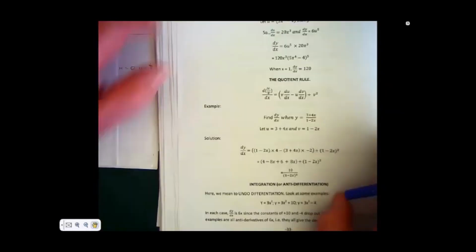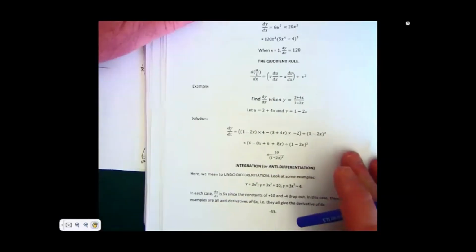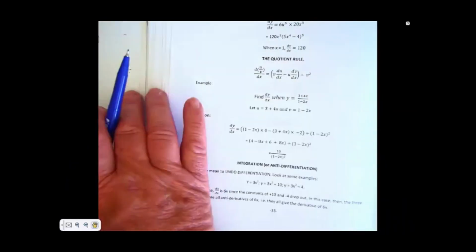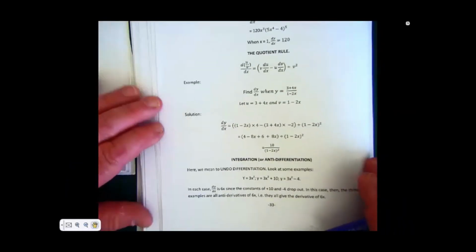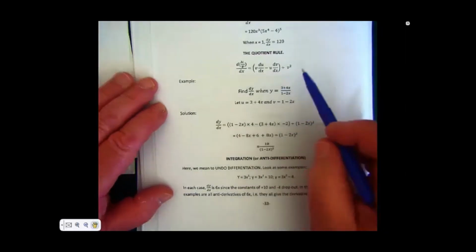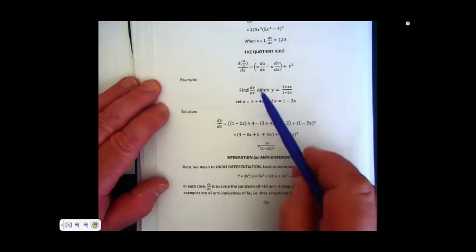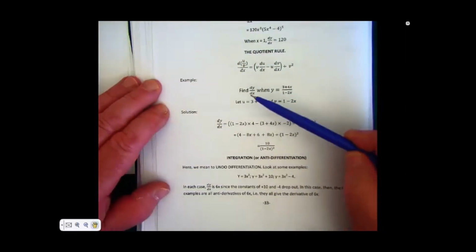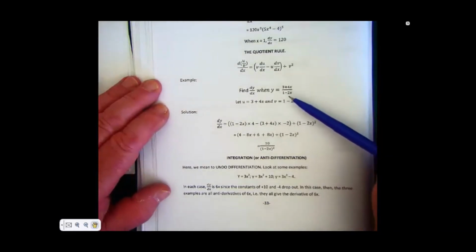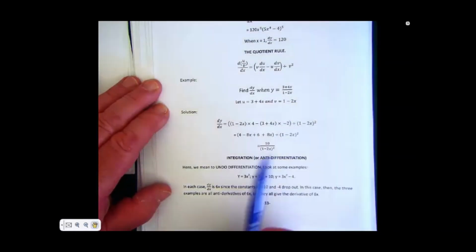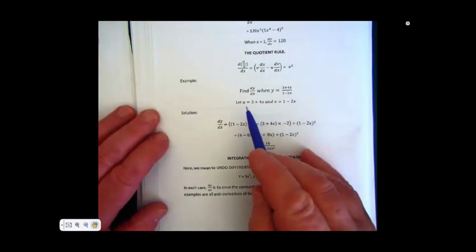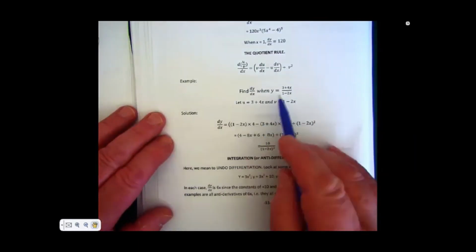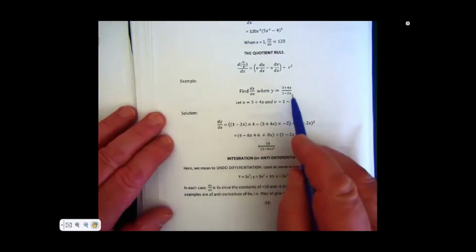Now, just to show you the one in the book, before we move on to the next section, we'll just finish off here. The quotient rule here is listed out, so we'll go through this. Find the differentiation of this when y equals (3 plus 4x) over (1 minus 2x). So here I've informed the examiner, let 3 plus 4x equal u, the top part, and 1 minus 2x equals v.